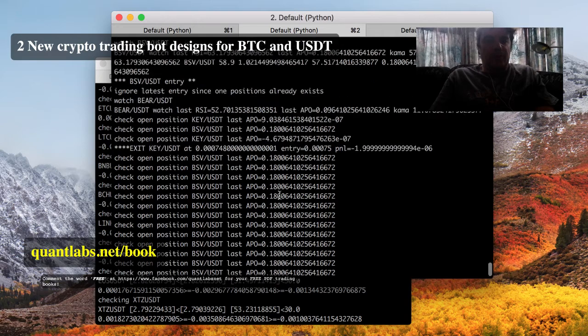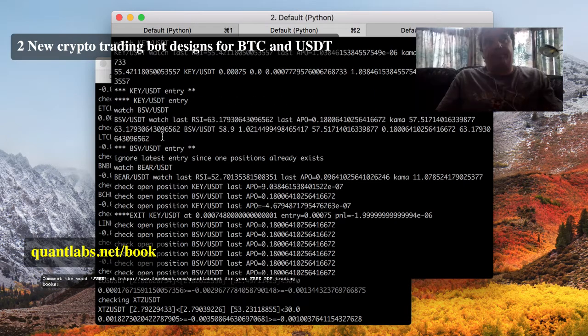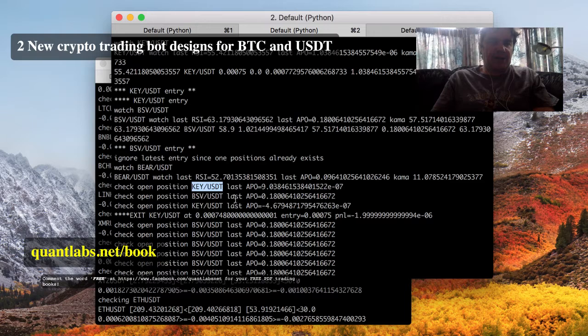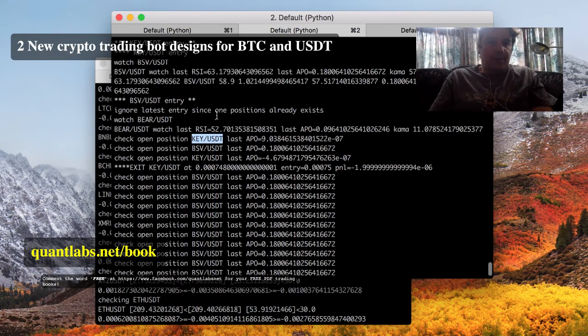With that in mind, similar to the Bitcoin or any other bot that I'm testing, you can see here we have the Key, the BSV, and the old ZIL. And then if certain metrics are met, the entry, then it will take a position. Now again, this is early days, so it's going to show nothing but losses.